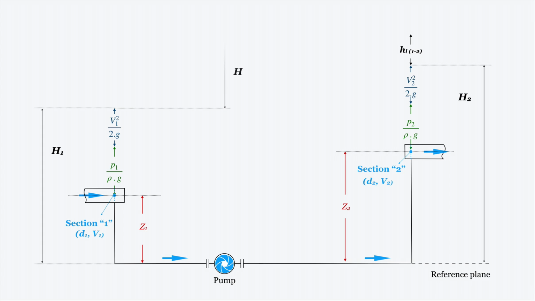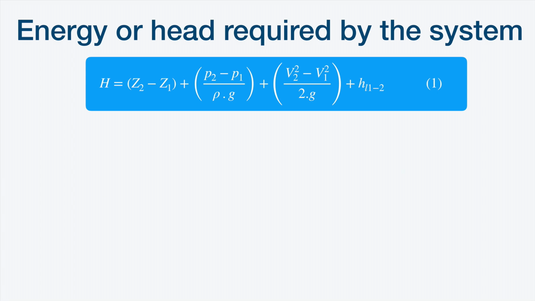So the energy that is required by the system to convey this fluid from point 1 to point 2 by using a pump is equal to the difference between the head or the energy at point 2 minus the head at point 1 plus the pressure losses.